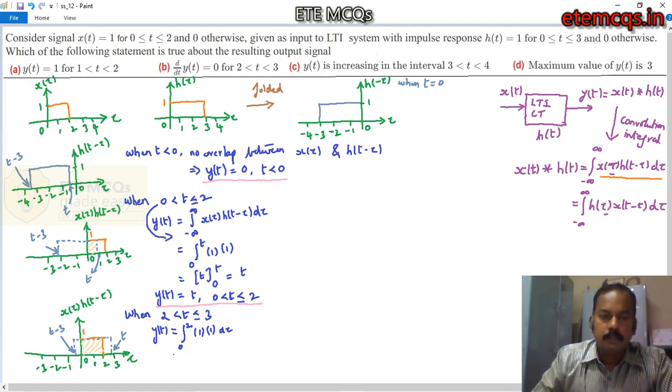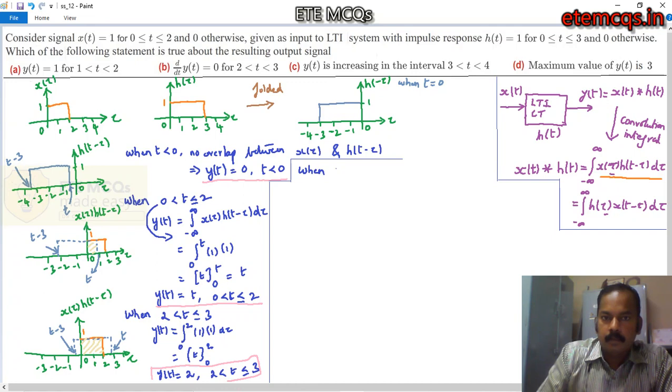If you integrate it, you get tau between limits 0 to 2. So the final y of t is equal to 2 as long as t is between 2 and 3, that is, 2 less than t less than or equal to 3.